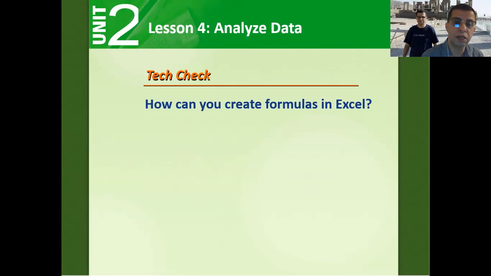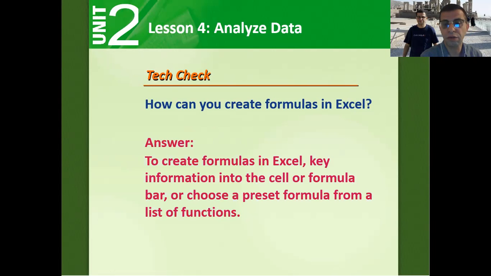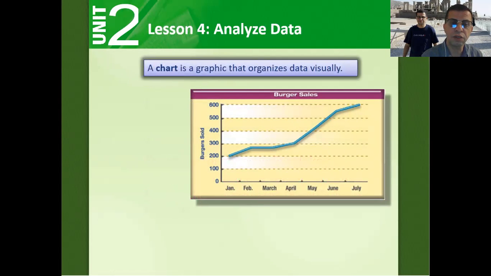And how can you create formulas in Excel? Create a formula in Excel by keying information into a cell or the formula bar, or by choosing the preset formulas from the list of functions that are available. Now the issue here is you also need to do a chart.